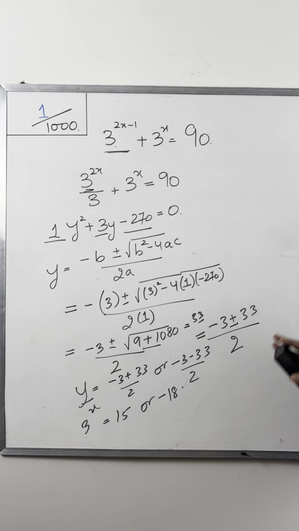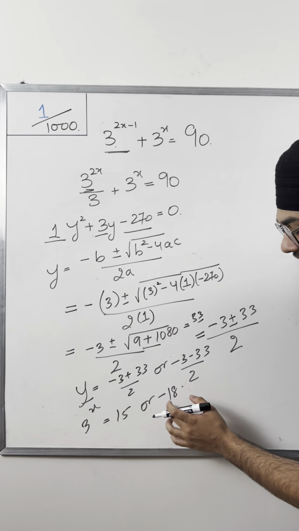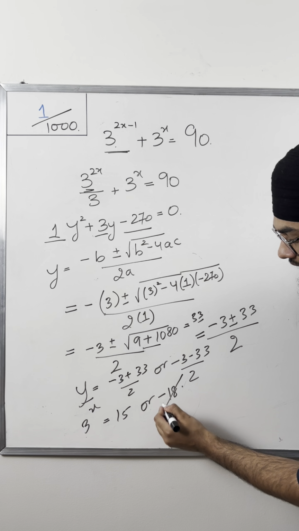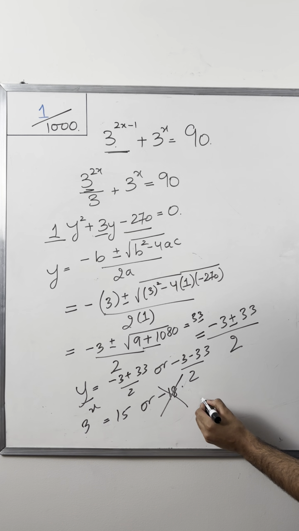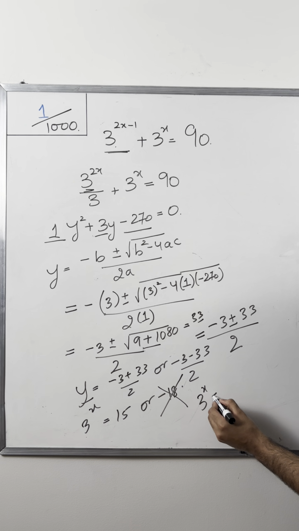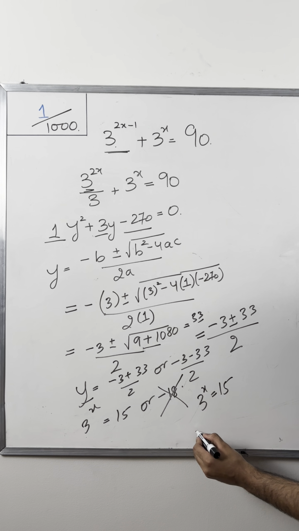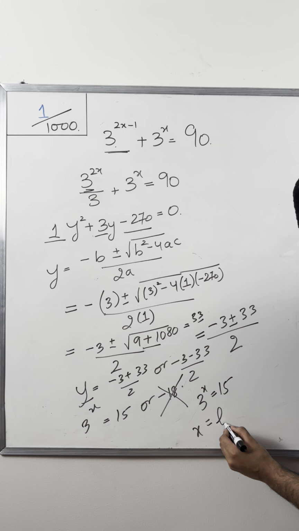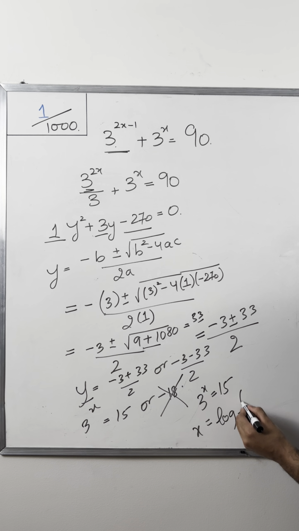Now remember that an exponential function can never be negative. So this value cancels out and our answer becomes 3 to the power of x is equal to 15, or x is equal to log base 3 of 15.